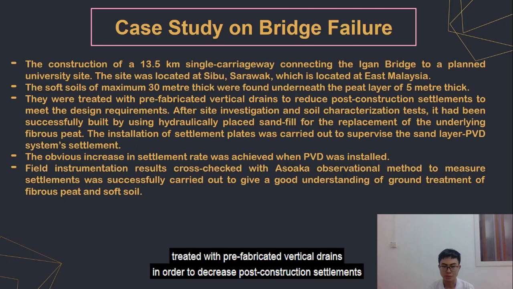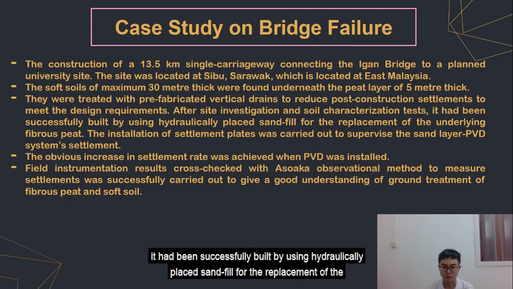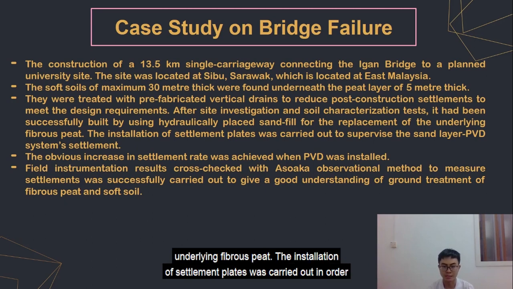They were treated with prefabricated vertical drains in order to decrease post-construction settlements to meet the design requirements. After site investigation and soil characterization tests, it was successfully built by using hydraulically placed sand fill for the replacement of the underlying fibrous peat.